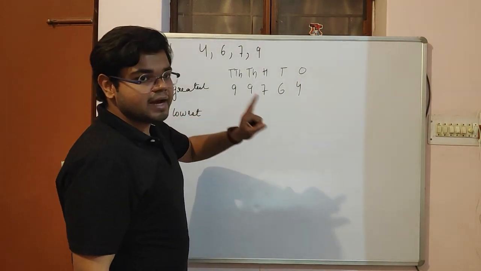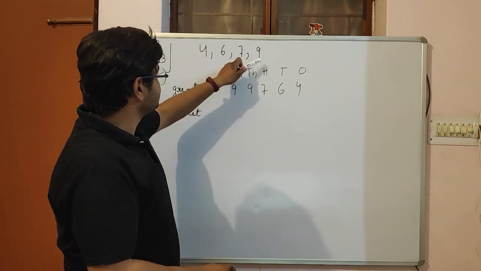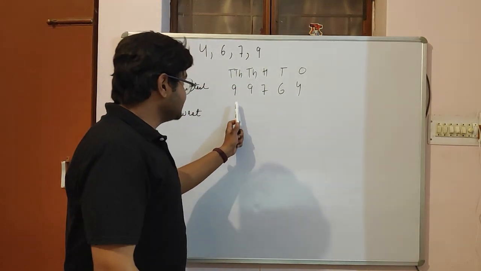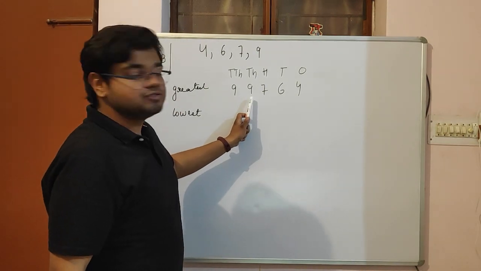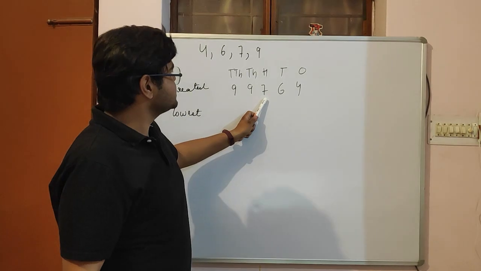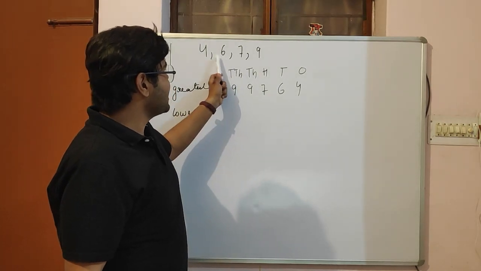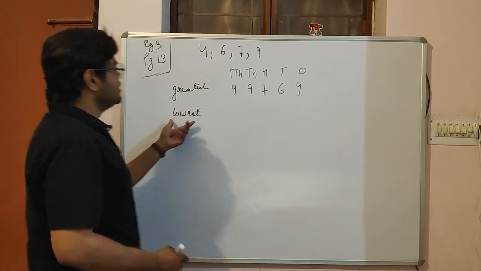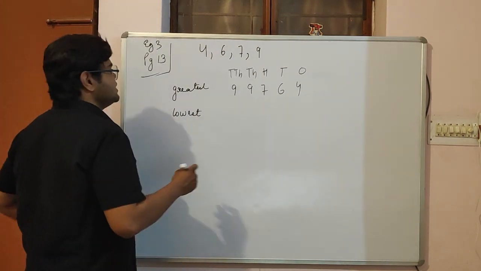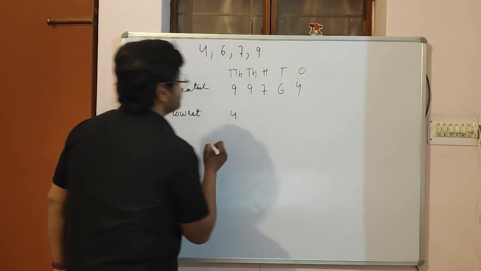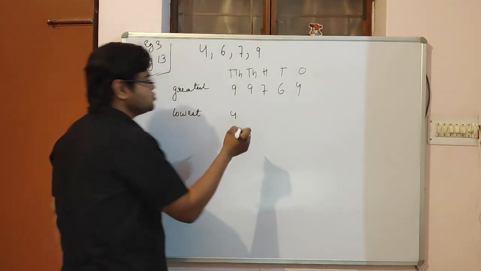How did we do this, class? We will be writing the greatest digit out of these 4, 9, and we can write it twice. So 9, again 9. After 9, which is the greatest? 7. After 7, which is the greatest? 6. And after 6, we have 4. Now, in the case of the lowest number, firstly, out of these 4 digits, which one is the smallest digit? 4. And 4 being the smallest, we will be repeating it twice.